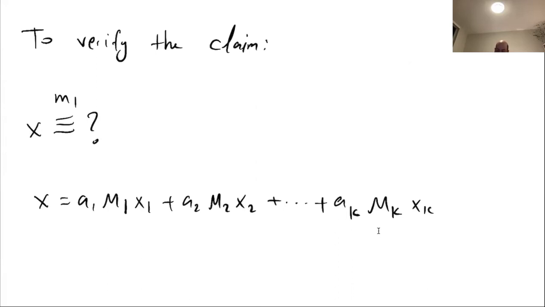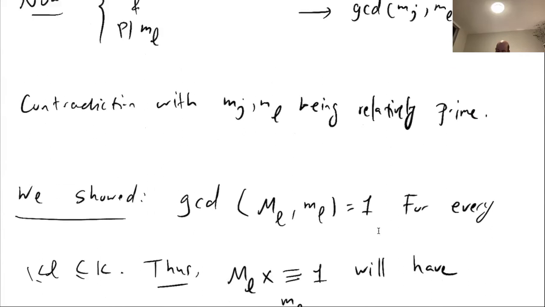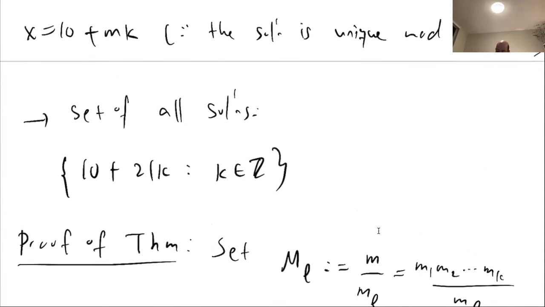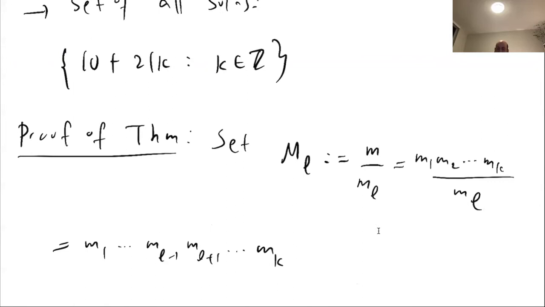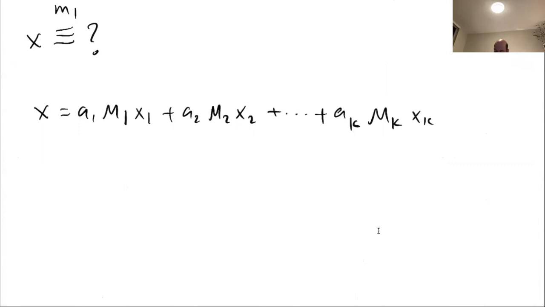Now, what is capital M2? Remember how we define capital ML? Capital ML we define as the product of all MIs except small mi itself. So capital M2 will be the product of all MIs except small m2, which means it's M1 times M3 all the way to MK.